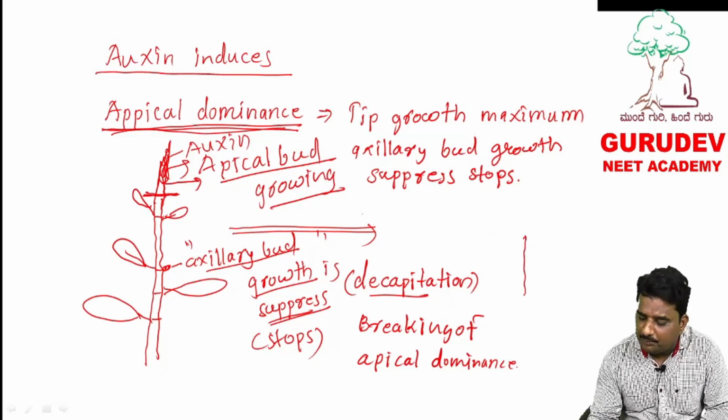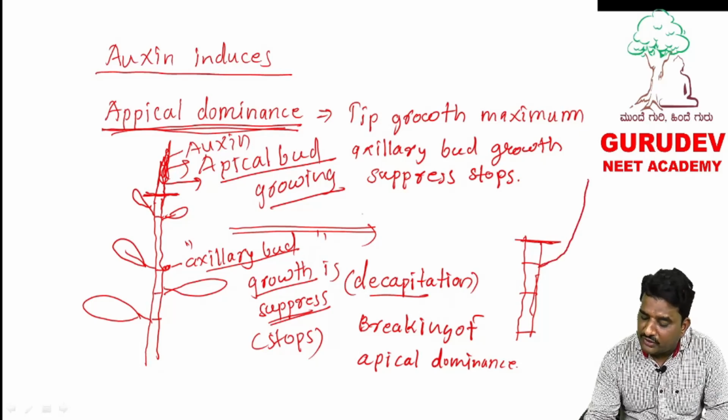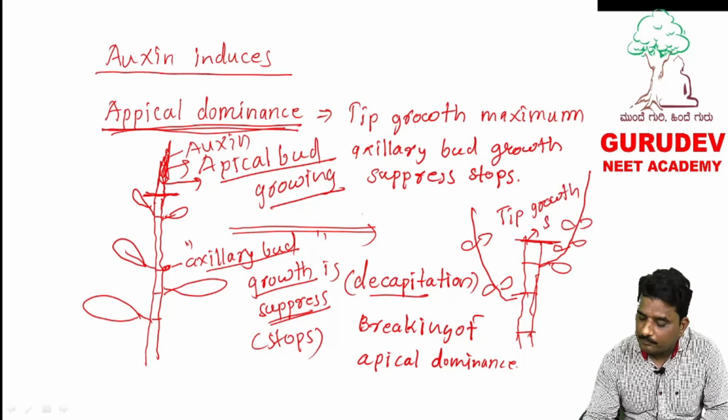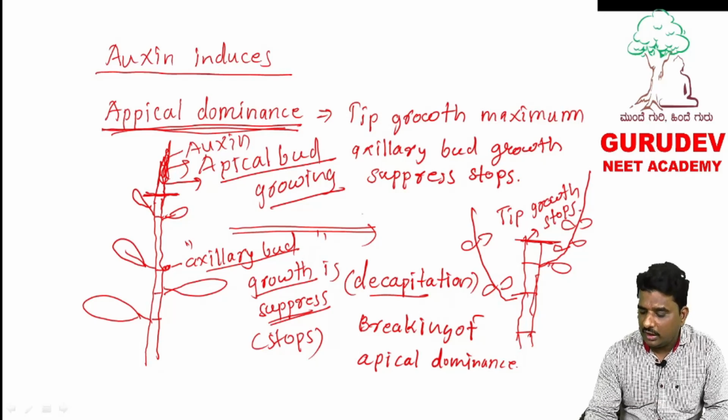When you cut the tip of the plant like this, axillary bud growth happens and terminal bud growth is suppressed. Tip growth stops and axillary bud growth occurs.